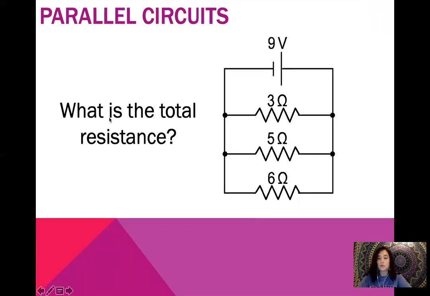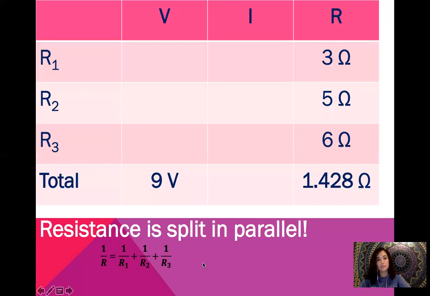So our total resistance, how are we going to find it? If we see that we're in parallel, we need to set up that equation. I've written it down here. Here's going to be the final answer that we're going to get. So let's go. The other formula we can utilize is 1 divided by total resistance equals 1 over R1 plus 1 over R2 plus 1 over R3.